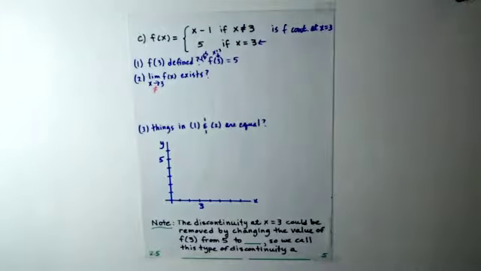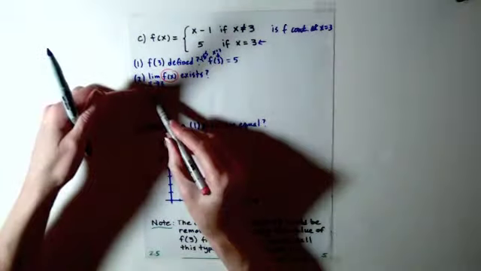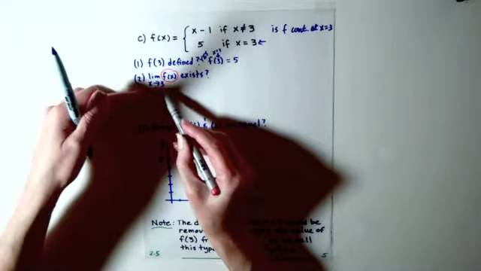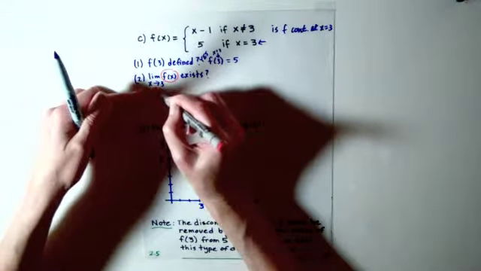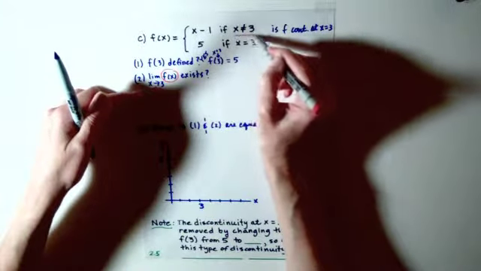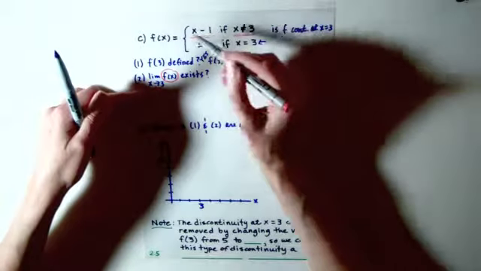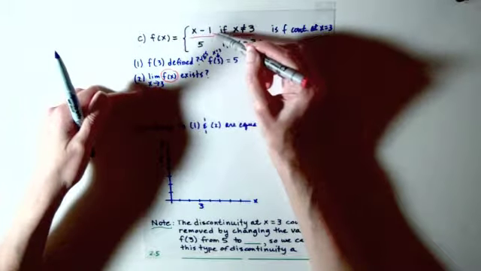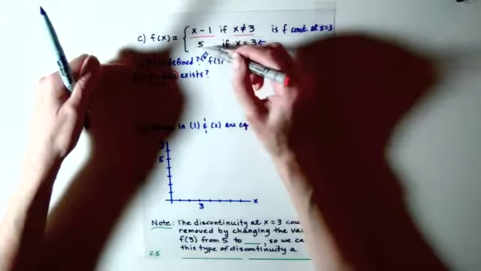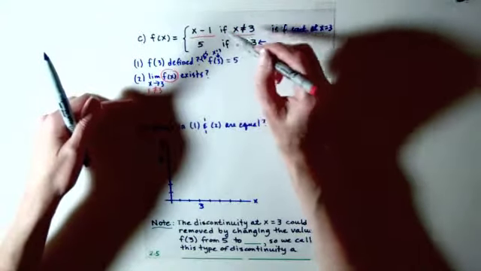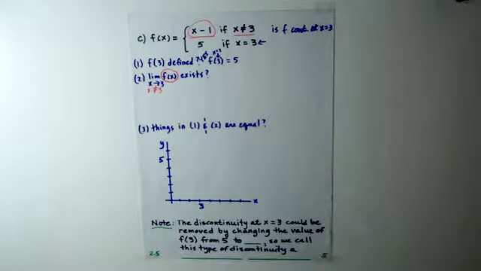So the question becomes, what is f of x for the values of x we are limiting through? And according to our rule, when x is not equal to 3, I'm supposed to use the top rule here. When x isn't equal to 3, f of x is x minus 1. If x were equal to 3, like it is in part 1, f of x is equal to 5. But for all other values, f of x can be replaced with the top rule, x minus 1.